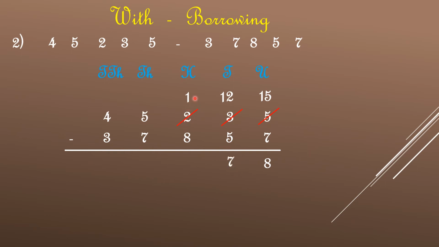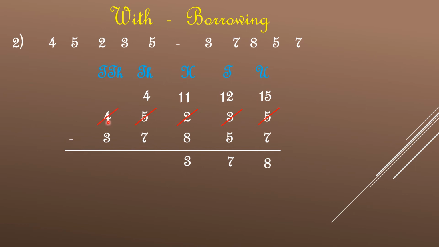Now again from 1, I cannot subtract 8. So I borrow now from the thousands place. From 5, I borrow 1 and 4 is left over here in the thousands place. 11 minus 8 gives me 3. Same way again from 4, 7 cannot be subtracted.